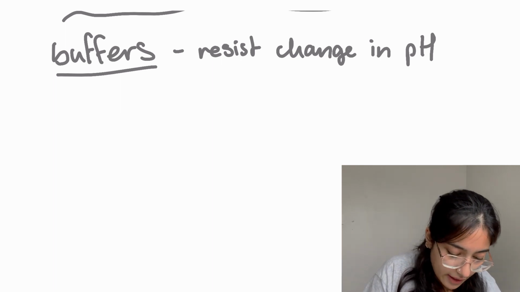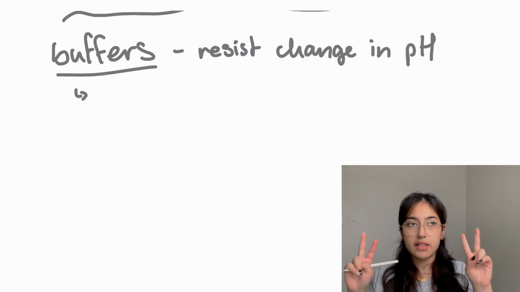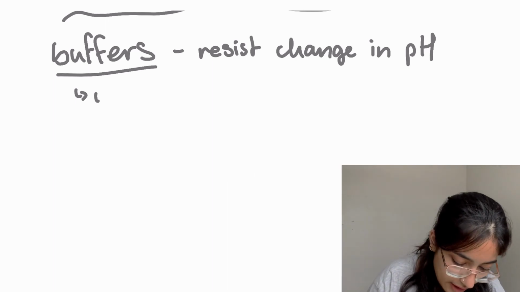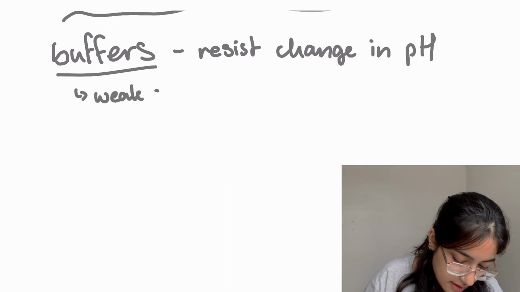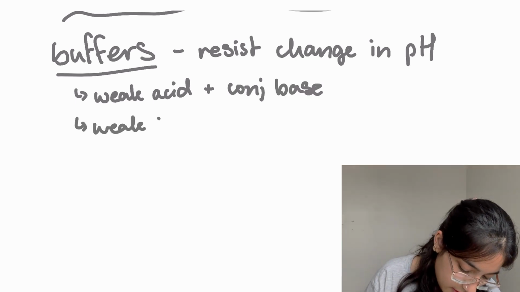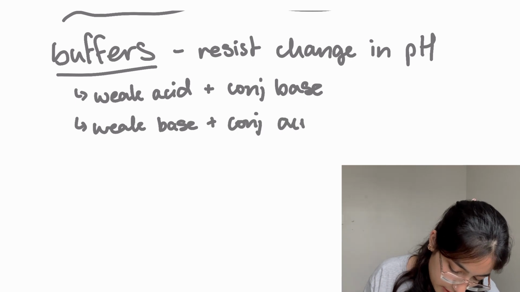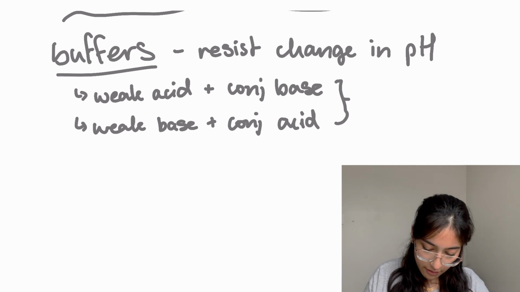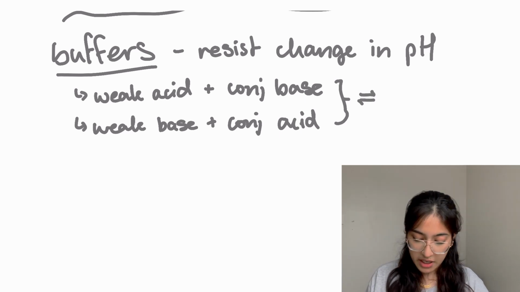And the way the syllabus describes them is conjugate in nature, which basically means that they usually have a weak acid and its conjugate base, or they have a weak base and its conjugate acid.